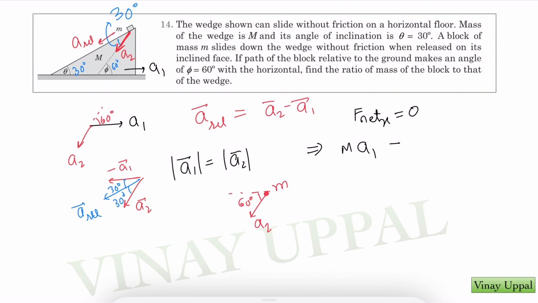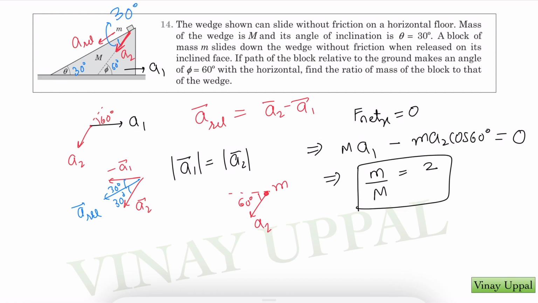So the net force on the system, I can write as M1A1 plus M2A2 plus M3A3 and so on. So this is for the wedge, and for the block I'll have minus m A2 cos 60. Now because A1 and A2 are equal and this entire system has no horizontal component of force, I'm going to equate that to 0, and A1 and A2 will cancel out, and I'll simply get M by m as 2. So I hope you've understood how to solve this question.